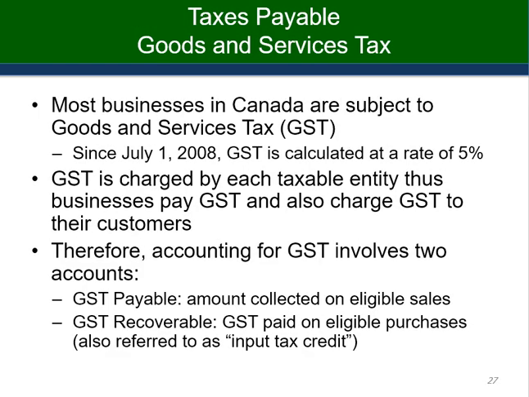GST, goods and services tax. Most businesses in Canada have to submit the goods and services tax. If you have less than $35,000 in revenue, you don't have to. You don't have to charge your customer. But if you have more than $35,000 of revenue, then you have to get a GST number, a business number from CRA, and you have to tell your customers what your business number is when you charge them GST.